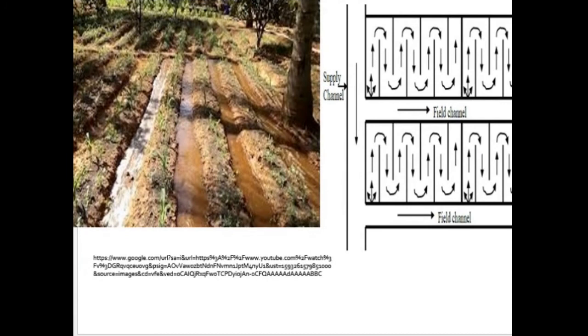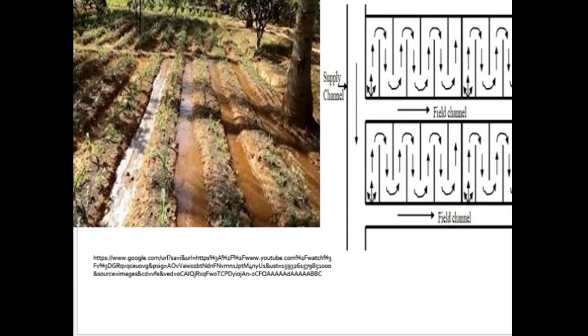Now, the fifth method of controlled flooding is the zigzag method of flooding, and it is a special method of flooding that is suitable for relatively level fields. But this method is unsuitable for mechanical farming operations.